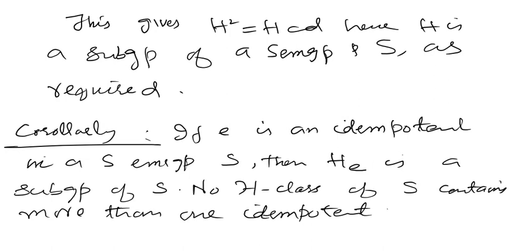The proof follows from the previous proposition, because the intersection of H and H square is non-empty, since e belongs to both H as well as H square. So let's see its proof.